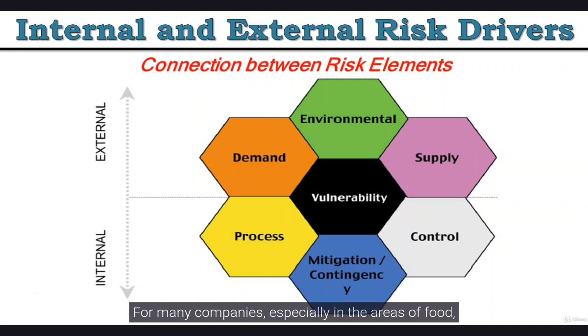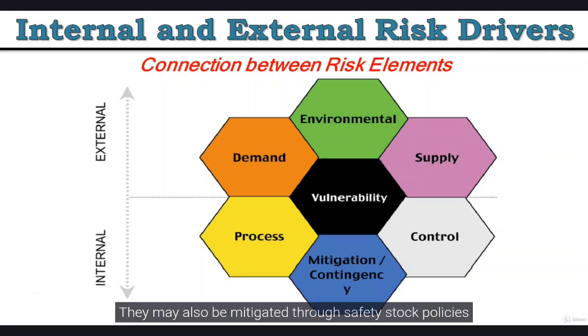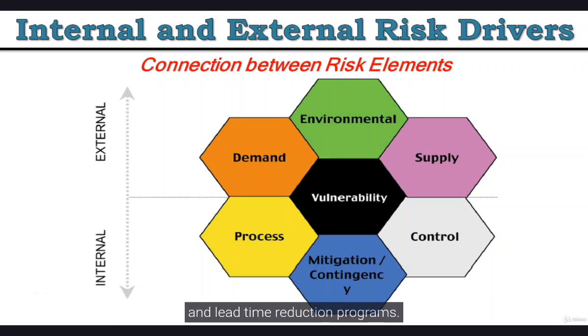For many companies, especially in the areas of food, pharmaceuticals, and engineering, these risks are mitigated through standard procedures such as ISO 9000. They may also be mitigated through safety stock policies and controlled through supply chain visibility and lead time reduction programs.